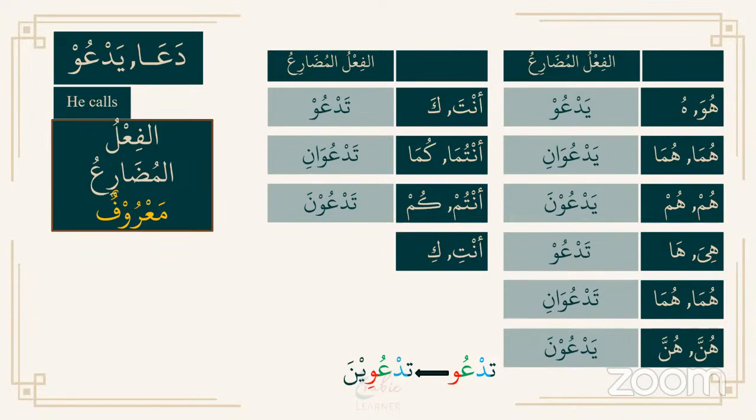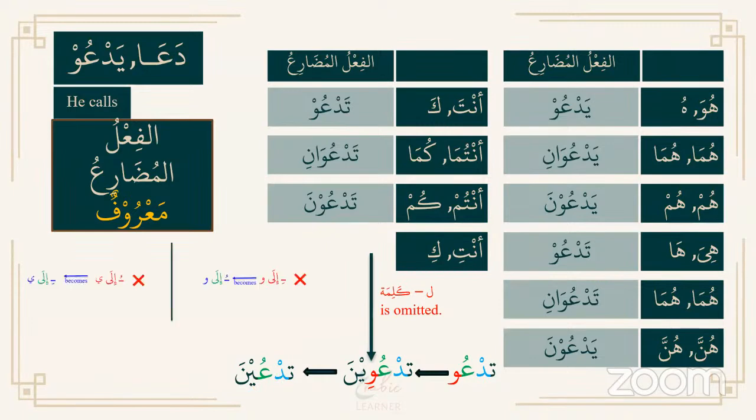So this becomes, you are omitting lam kalima. So you end up with tad'uina. Now this is allowed if there is ya and before that is dhamma. There is dhamma here and after that there is ya. This is not allowed, and you change it to kasra.